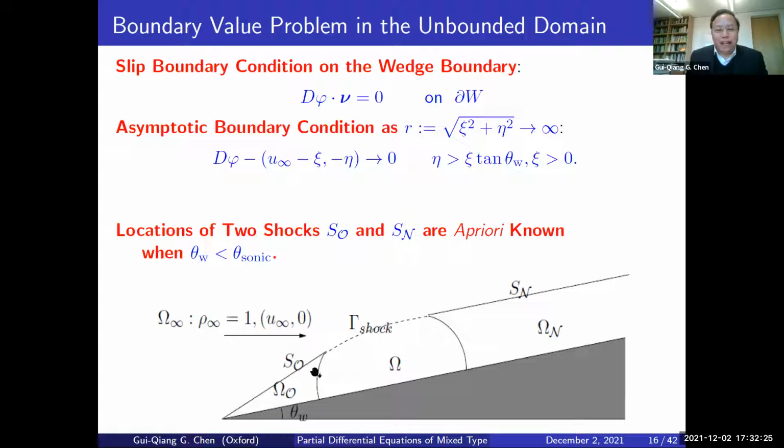The whole part, this region, is hyperbolic. Then the hyperbolic will degenerate up to a certain circle, called the sonic circle. This sonic circle can be determined. The whole problem now is how to find a solution in this part of the region, outside the hyperbolic, whether we could solve the shock.